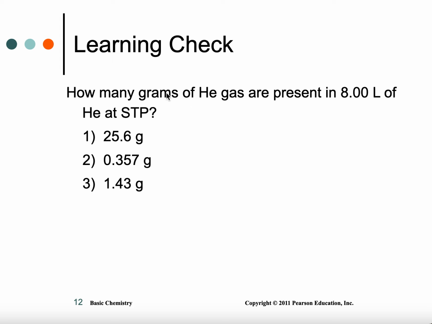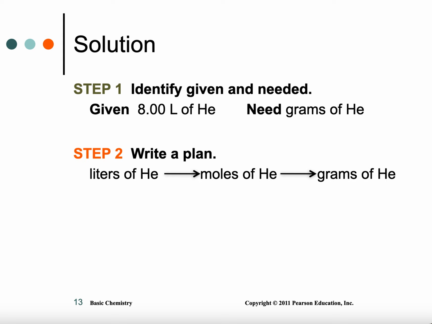How many grams of helium gas are present if 8 liters of helium at STP? Well, that means I have to know how many grams are in a mole. And to do that, you have to go through the periodic table, right? You need to know how many liters there are, and then how many moles there is, and then how many grams per mole.